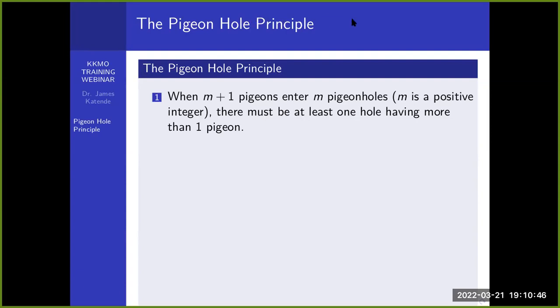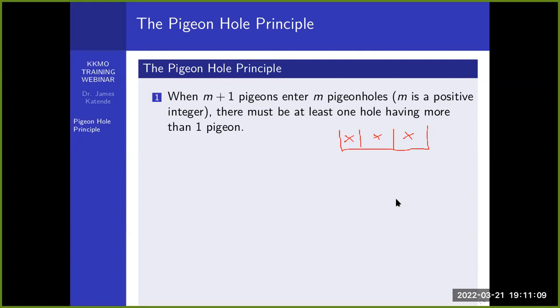To illustrate this, I can use a small example. Suppose we have 3 pigeonholes and we have 4 pigeons. If I have the 4 pigeons, I can spread them out through the boxes.